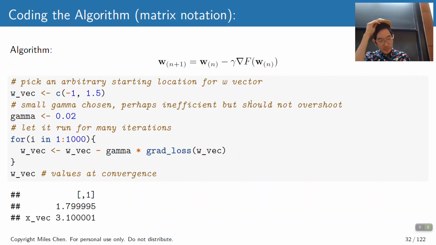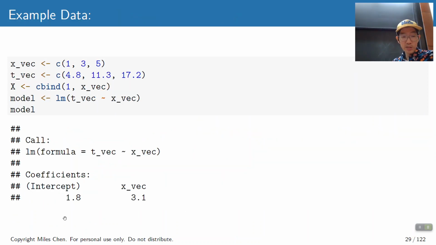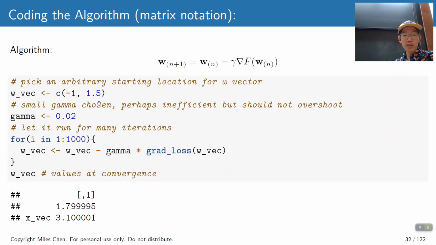Okay, and so here I just start off with an arbitrary value, an arbitrary intercept of -1 and a slope of 1.5. That is not going to be the correct answer, okay? Because the correct answer is the intercept should be 1.8 and the slope should be 3.1. So here I'm just picking an arbitrary intercept and an arbitrary slope. I'm using a small gamma of 0.02, and I say take 1,000 iterations, run gradient descent.